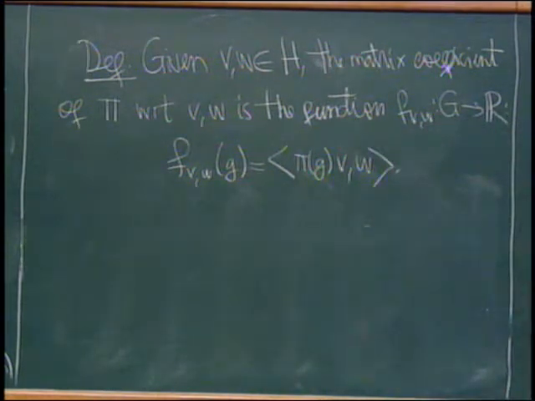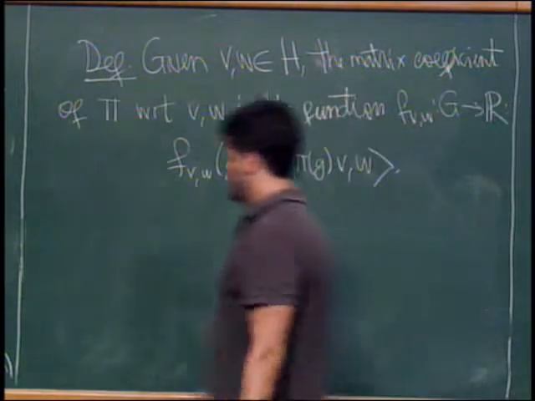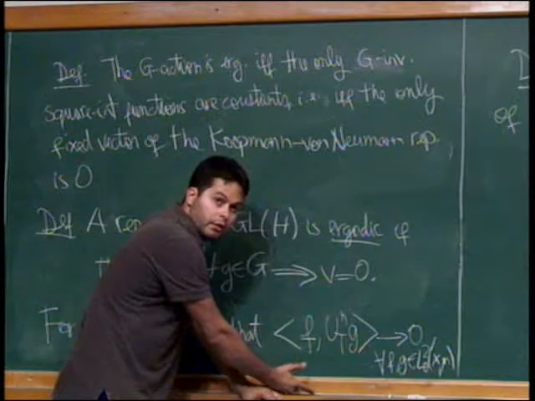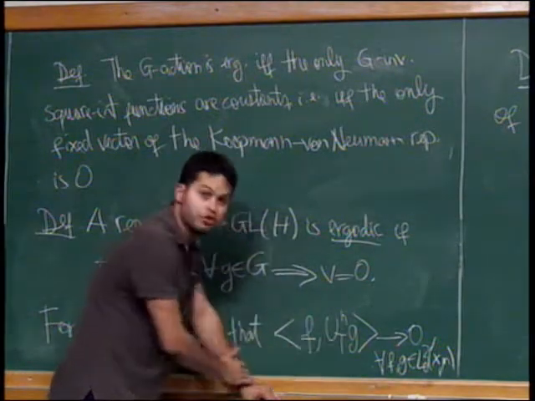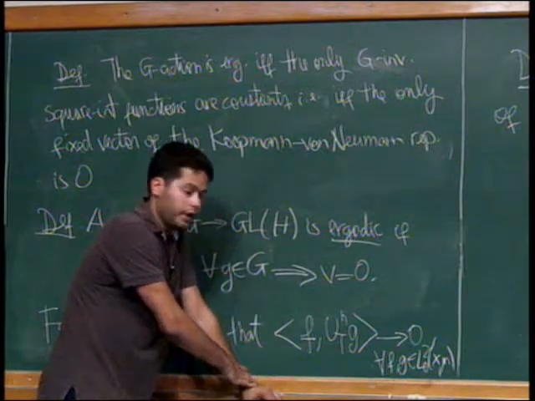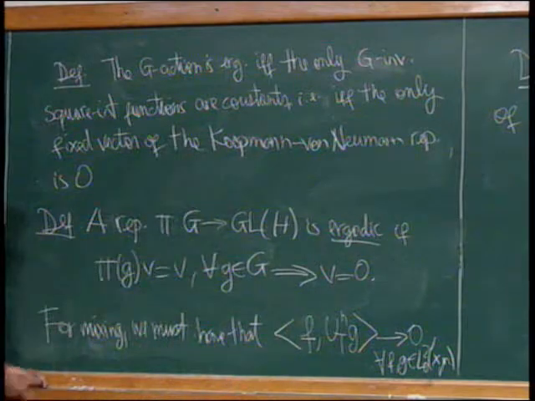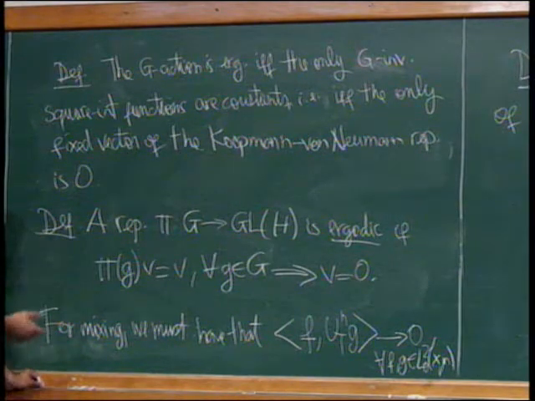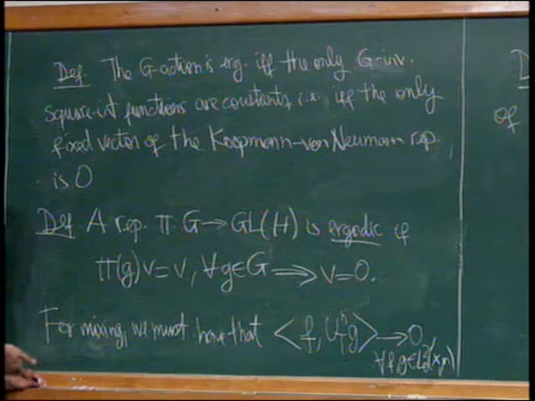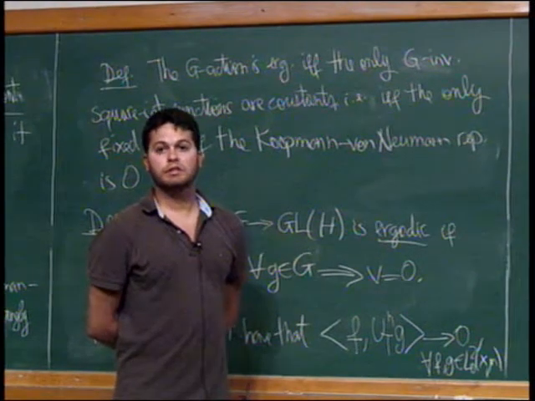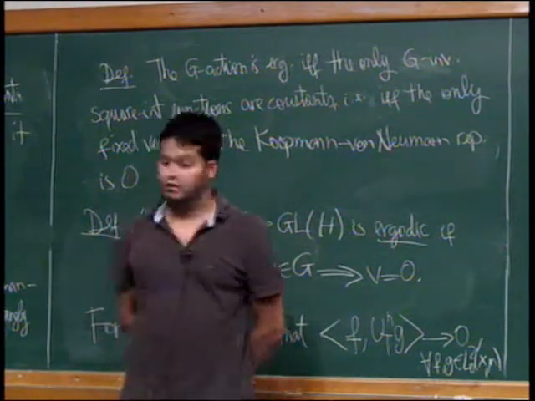For example, if you have only one transformation, then this is the matrix coefficient of the Koopman von Neumann representation associated to f and g. So we can translate the notion of mixing to say that a measure preserving action is mixing if and only if the Koopman von Neumann representation is mixing. So you have these associated definitions of mixing.